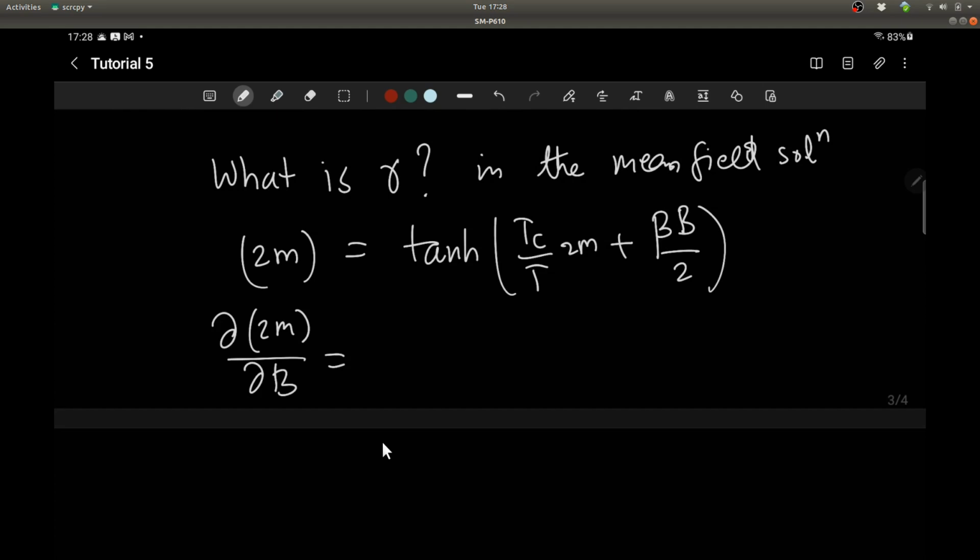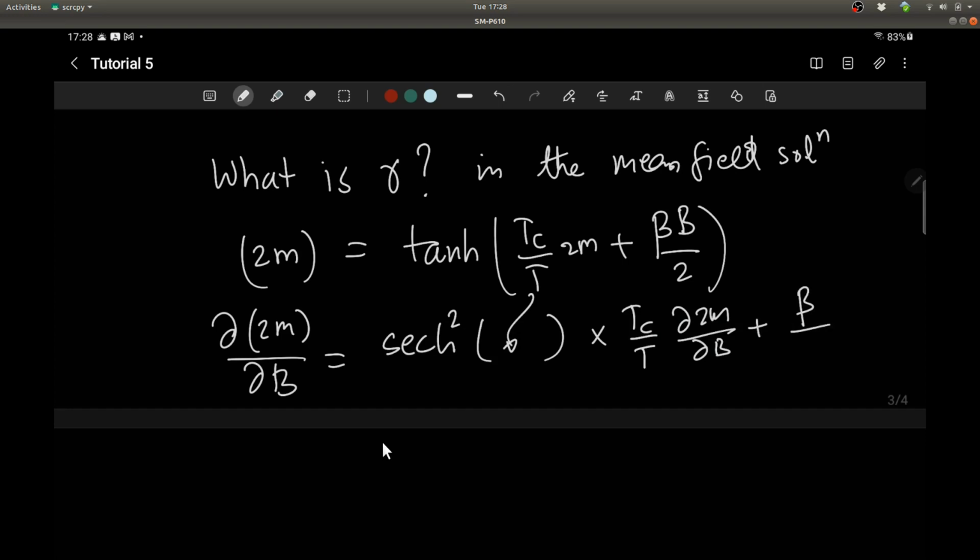The derivative of tanh will be sech squared, the secant hyperbolic square of the stuff, times the derivative of this. So it will be Tc/T times (d(2m)/dB + beta/2). Right, chain rule, nothing deep.